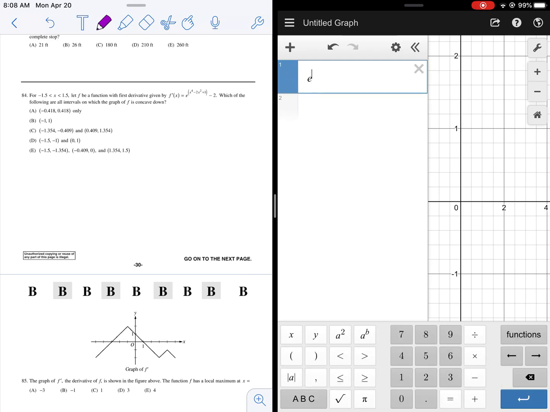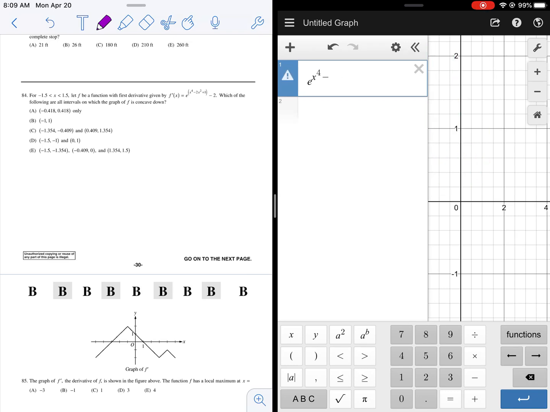So we have e to the x to the 4th minus 2x squared plus 1, whole, plus 1.